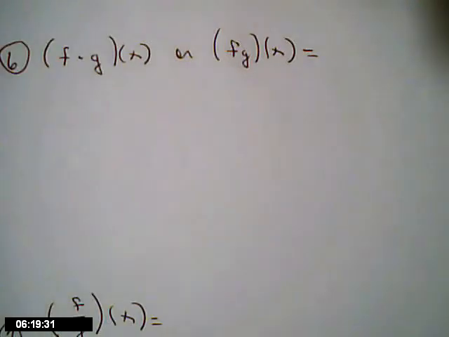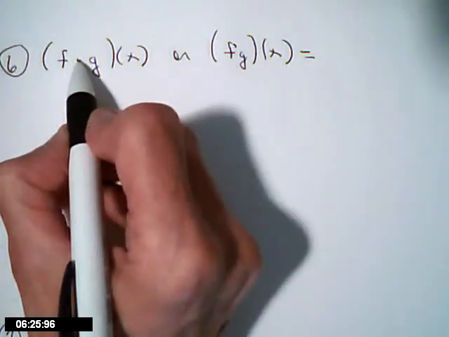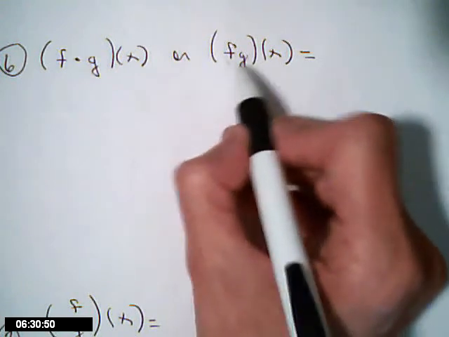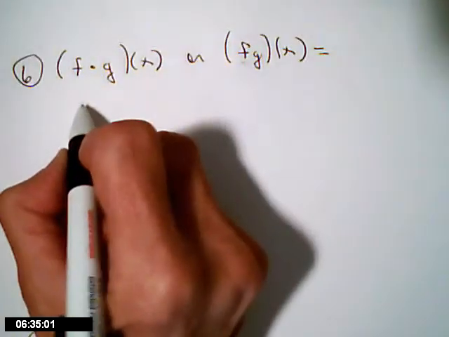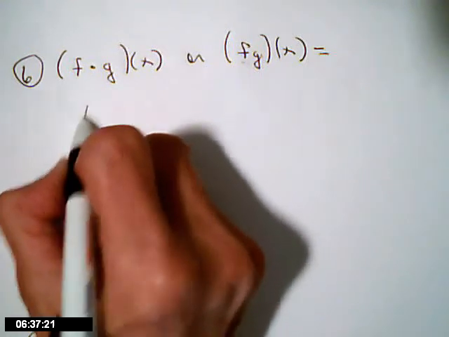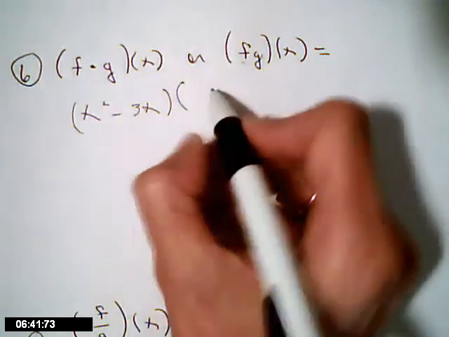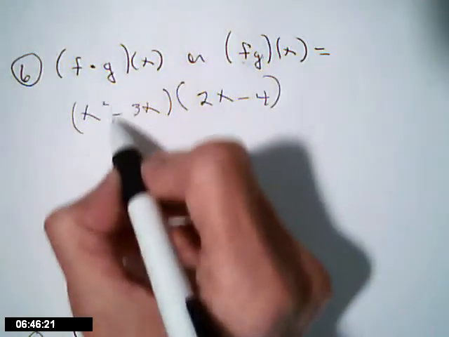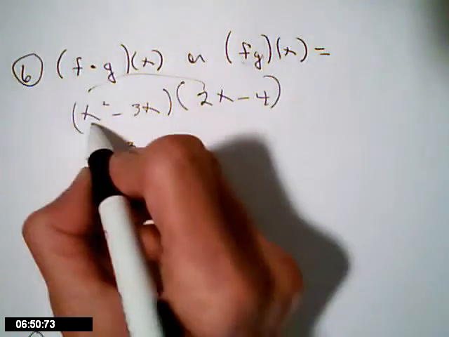Number 6, we'll use the same values for f and g. I want you to notice notation. This raised closed dot, remember, means multiply. Sometimes you'll see it just with the f and g written side by side. Notation for multiply. We'll take f, which is x squared minus 3x, and we'll multiply that by g, which was 2x minus 4. I'm going to use FOIL, so that's going to be 2x cubed.